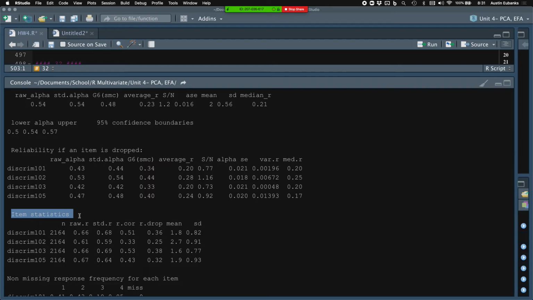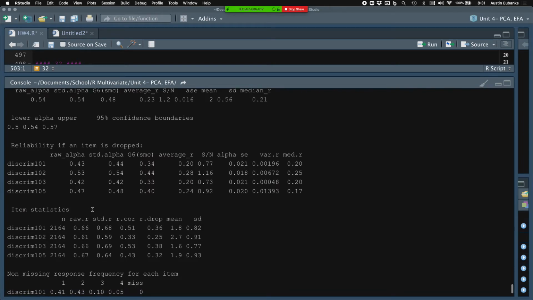Under item statistics here, what it's showing is this raw r, or r.cor. You're looking at the item-total correlations.